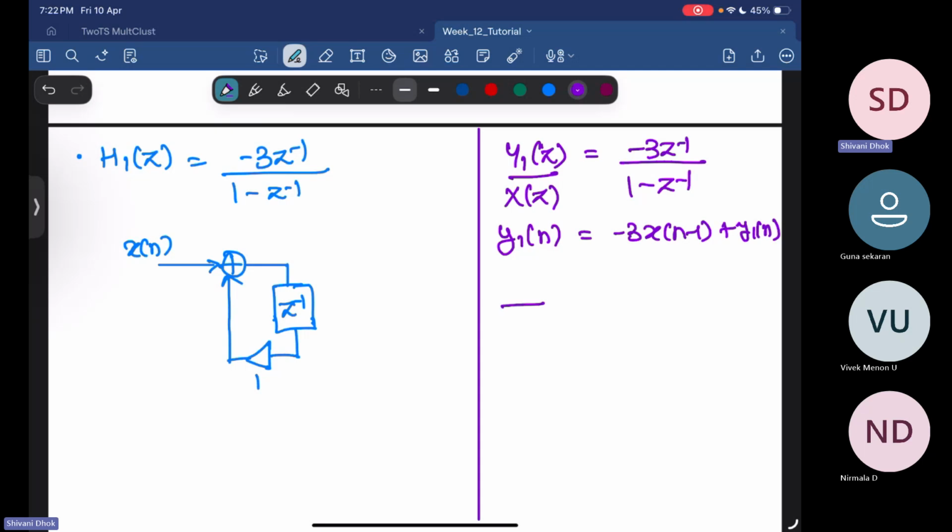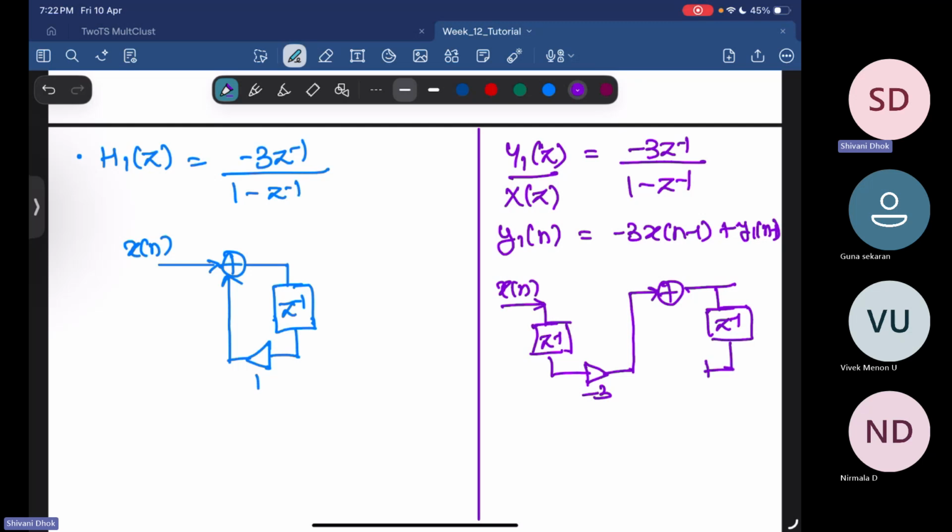Okay, you have x of n, z inverse, minus 3, this gets added, z inverse, then you have y of n minus 1, like this. This is your y of n.